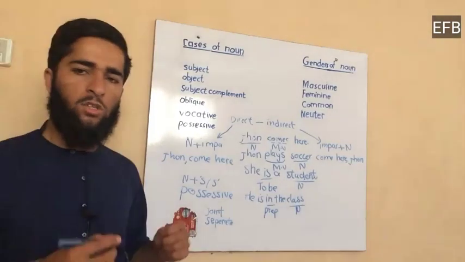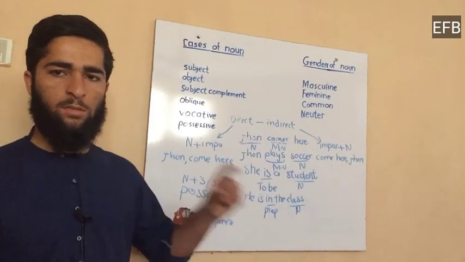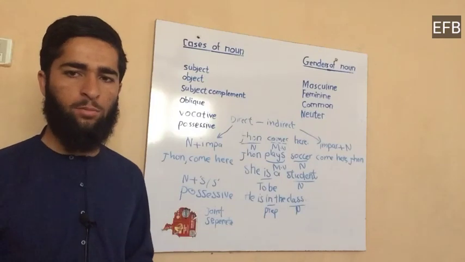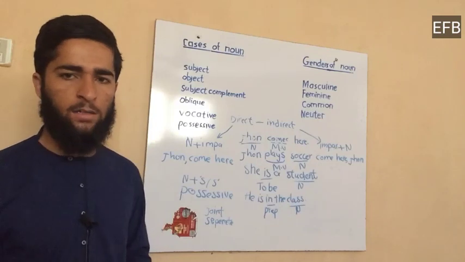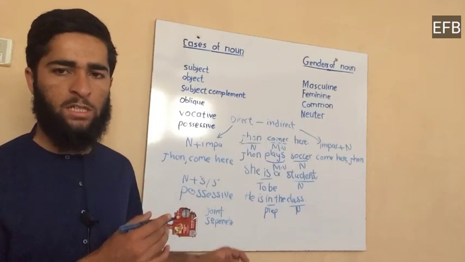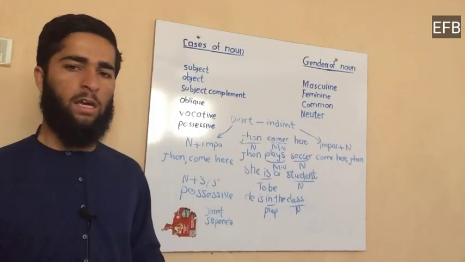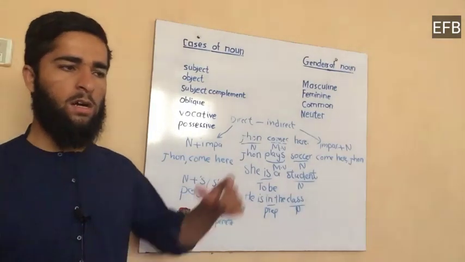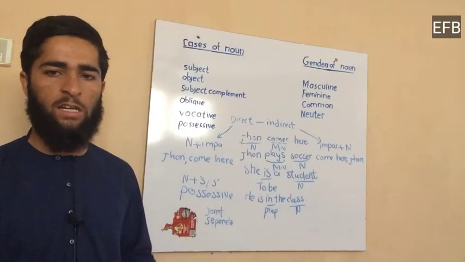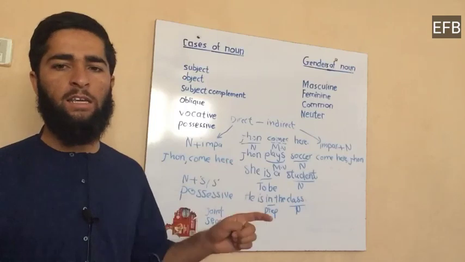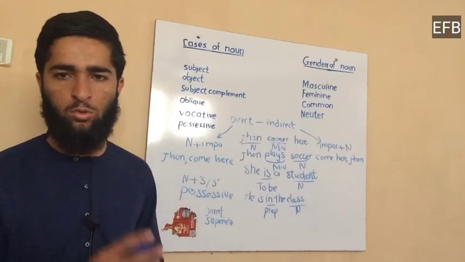Did you get it? Joint possessive case, and in this case one thing belongs to two people, perhaps three people. If I say John and Ali's car, I do not put the apostrophe with the first noun, I put the apostrophe with the second noun. It means it's one car but belongs to two people.